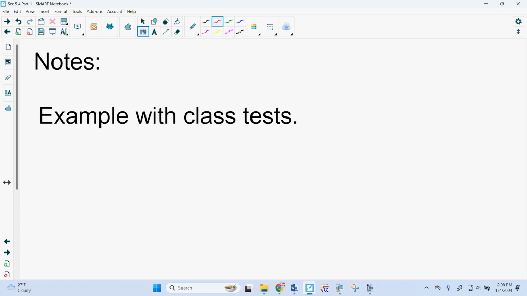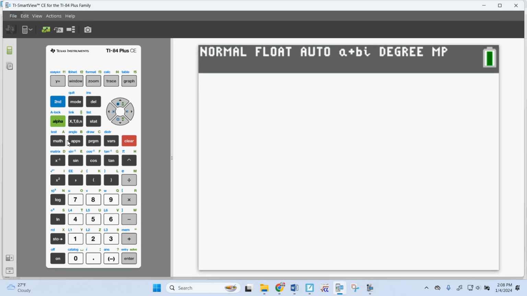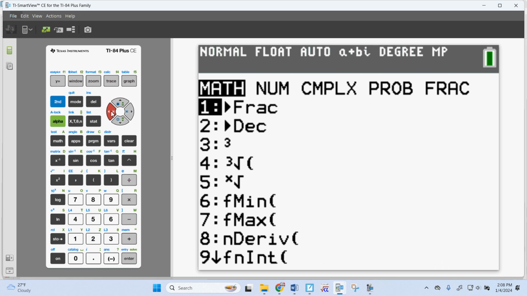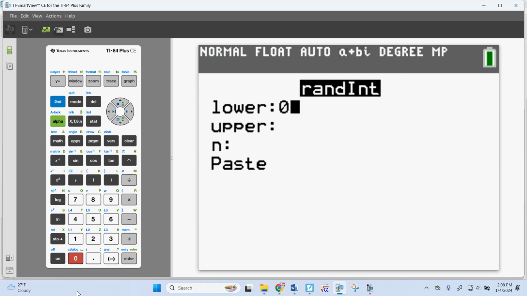So let's do an example that is in your notes, and we're going to try this with the video. First off, I want to refresh your memory on your calculator of how to pick a random number. So if we go down here to random integers, and I say I want to pick a number between 0 and 9, I want to pick 4 of them.